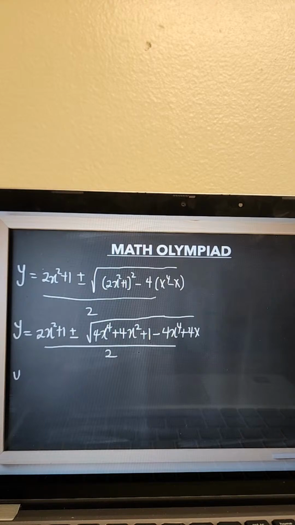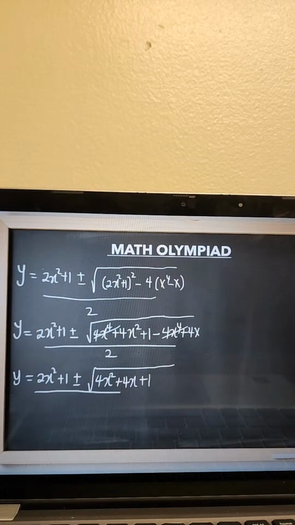So here we have y equals to 2x squared plus 1 plus or minus the square root. If you have a very good look at this, you can see that 4x to the power of 4 cancels out 4x to the power of 4 here. So in the parentheses, I'm going to be left with 4x squared plus 4x plus 1 over 2.